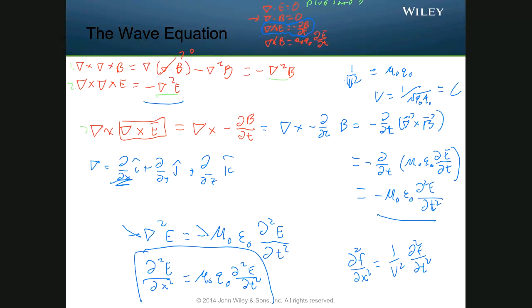We're going to plug into 2. And you'll notice here we're going to plug into 3, where this is step 3. It's a little bit more of a clear 3. And so from here, we can plug into 3. Instead of del cross E, we can write negative dB dt. That's what we have here.